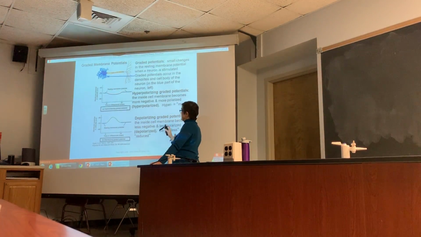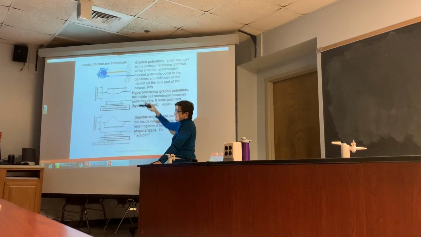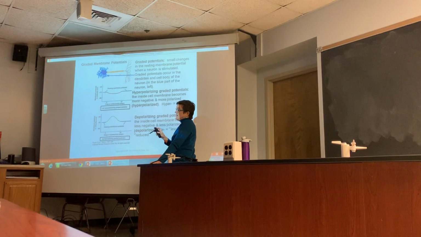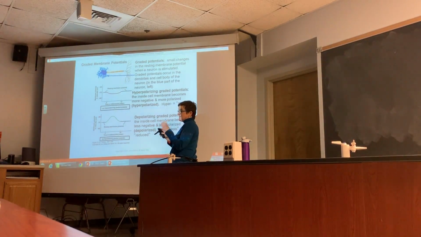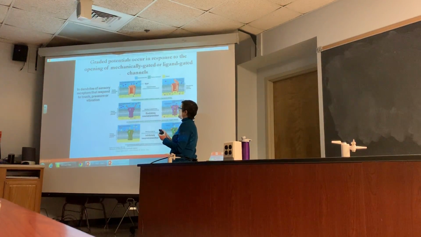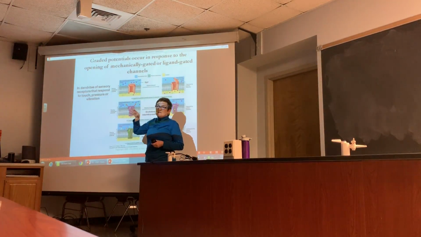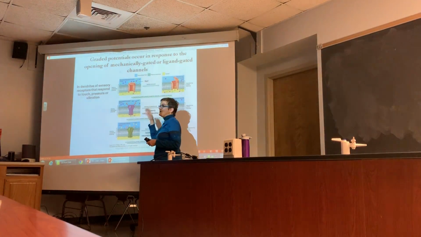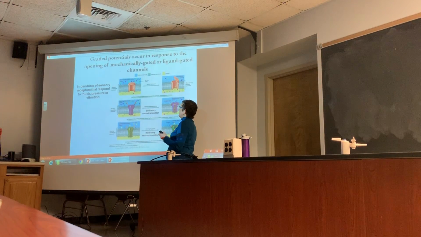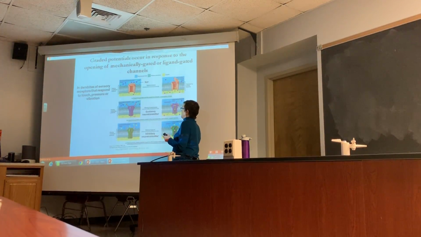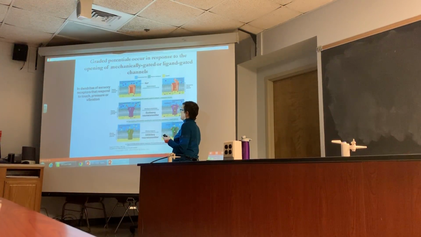And the way that happens is when the neuron is being stimulated in that blue region there, there's the opening of gated channels. These are protein gates. They have a gate on them. When the gates close, nothing's flowing through. When the gates open, something can flow through the membrane, through the protein channel.